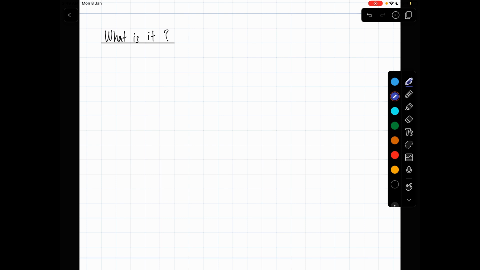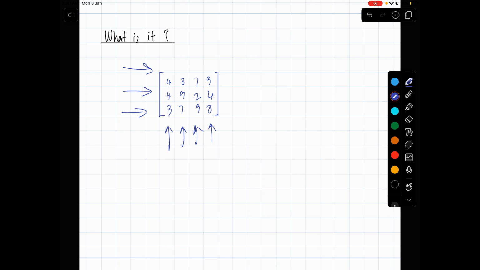Moving on. What is Matrix? Matrix is when there is a set of numbers arranged in rows or columns for calculation, but these calculations are not commonly conducted by humans.